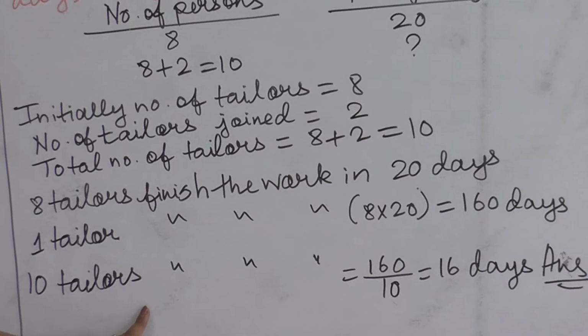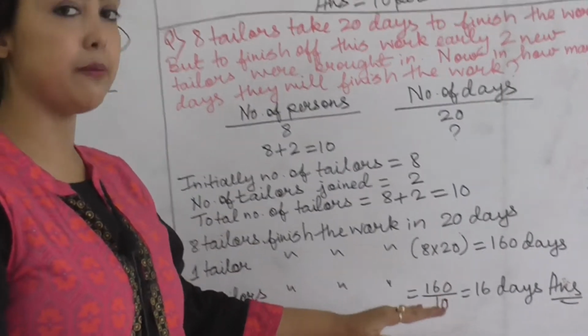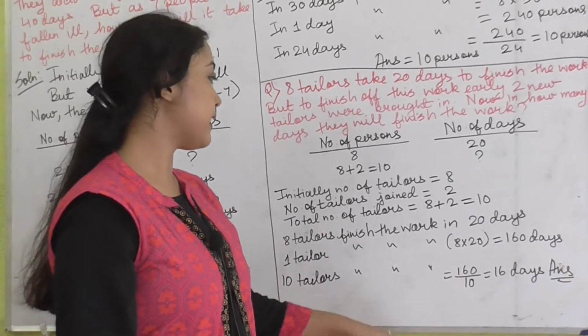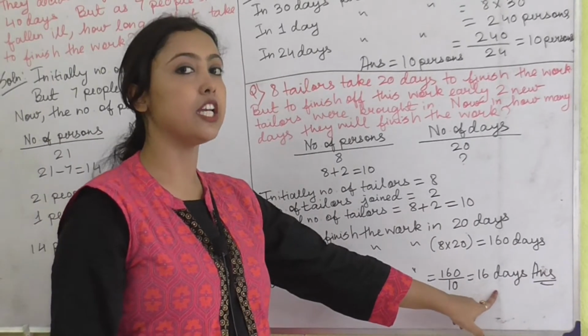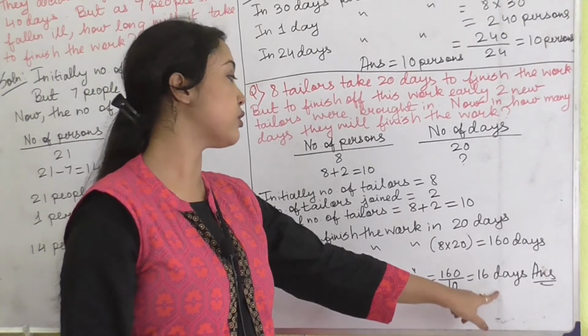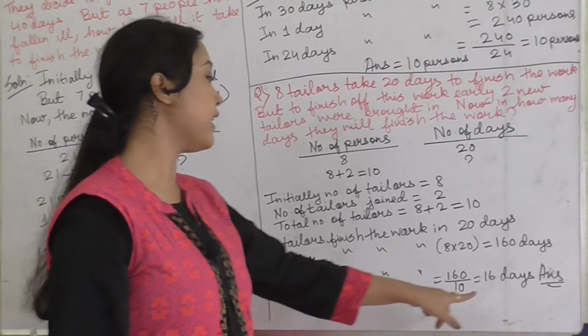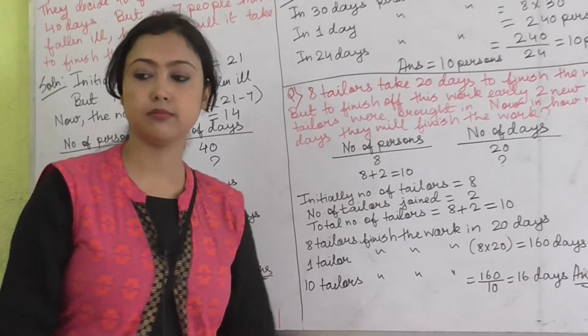Obviously, 10 tailors will take fewer days. So, 10 tailors will take 160 divided by 10, that is 16 days in order to finish off the work early. So, 8 tailors were taking 20 days and 10 tailors were taking 16 days. I think the problem is clear to you.